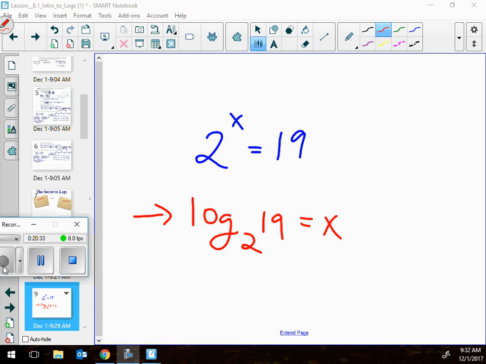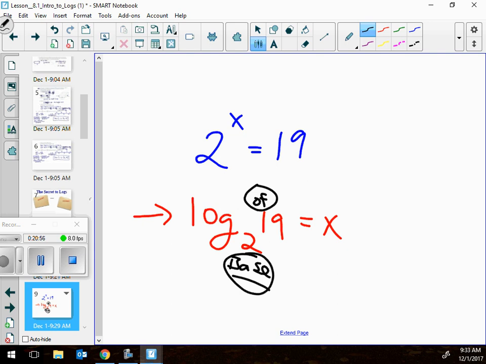All right, 8 people. Okay, I think you get the idea. This is not natural for you. Write down this part. That's base, and then I would say of, log base 2 of 19 is or equals x. So you really only need 2 little helper words in there, base and of.